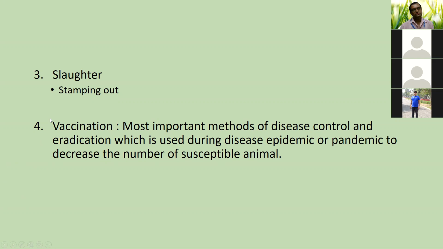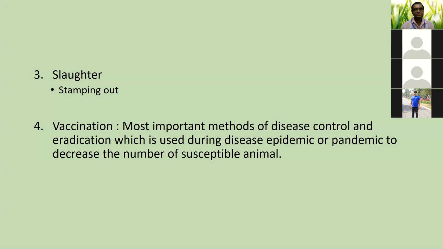Slaughter of infected animals in order to control a disease is also known as a stamping out policy. If you have any animal which has an infectious disease, go for its slaughter.